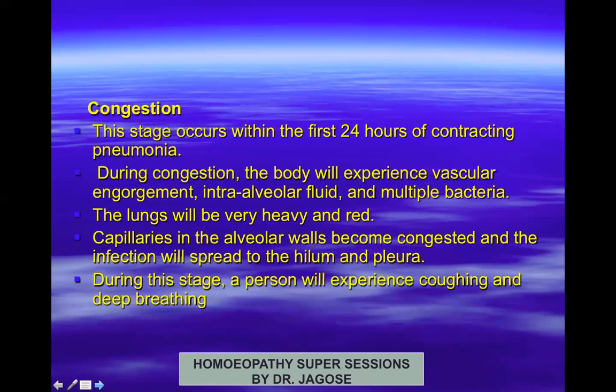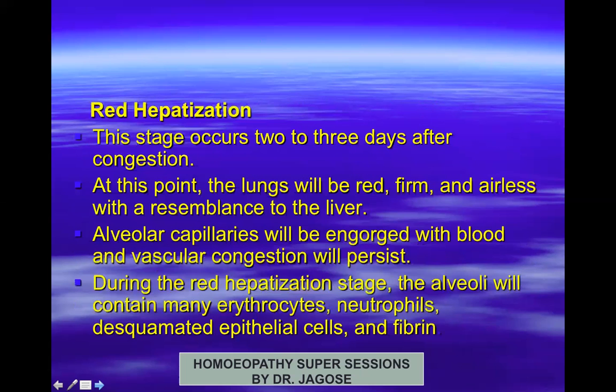So in congestion, as I told you, it occurs within the first 24 hours of contracting pneumonia. During congestion, the body will experience vascular engorgement, intra-alveolar fluid, and multiple bacteria. The lungs will be very heavy and red. Capillaries in the alveoli walls become congested, and the infection spreads to the hilum and pleura. During this stage, a person will experience coughing and deep breathing.